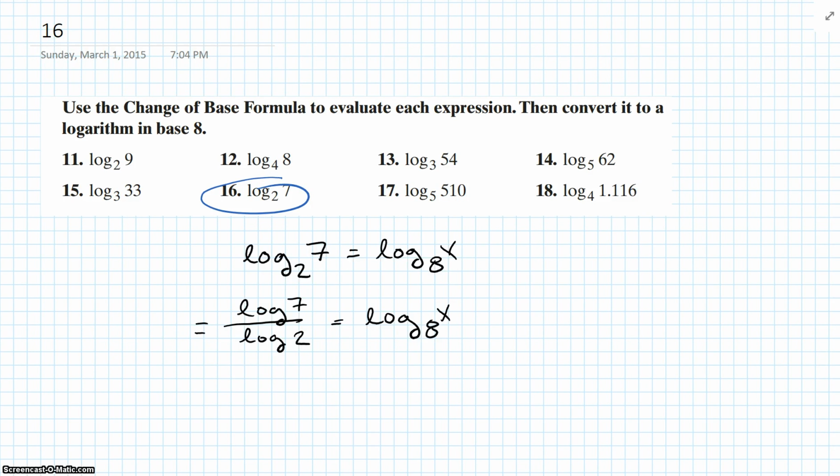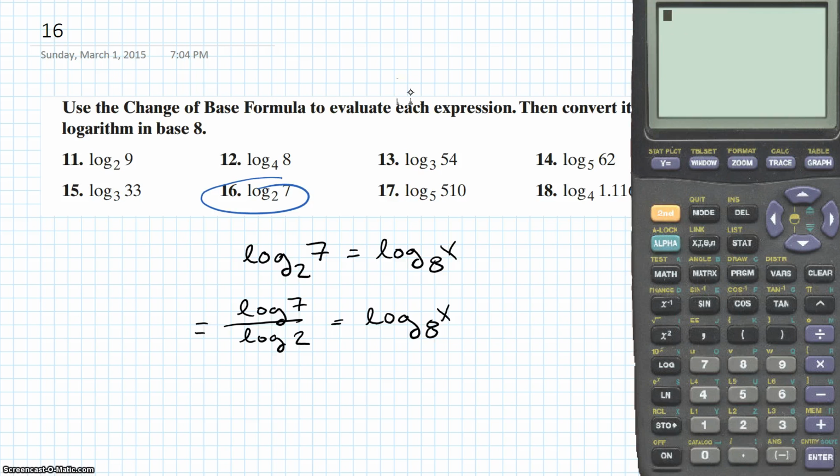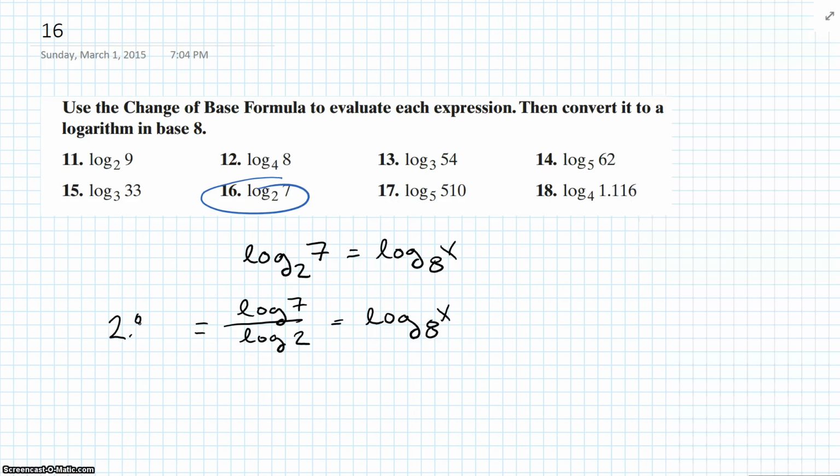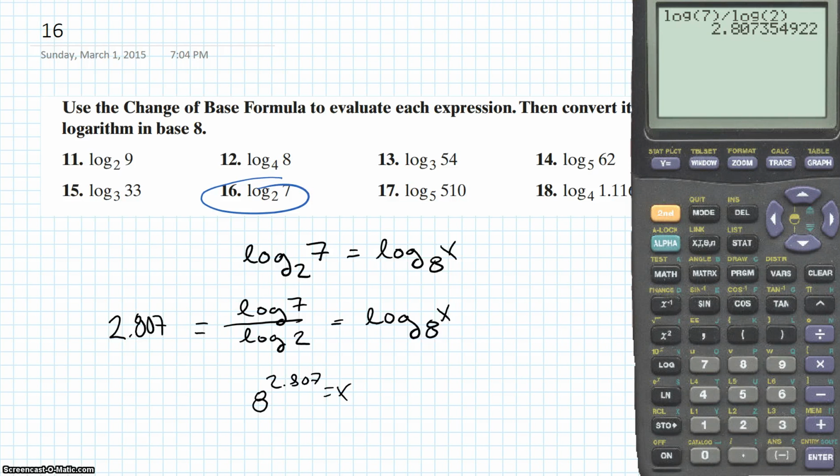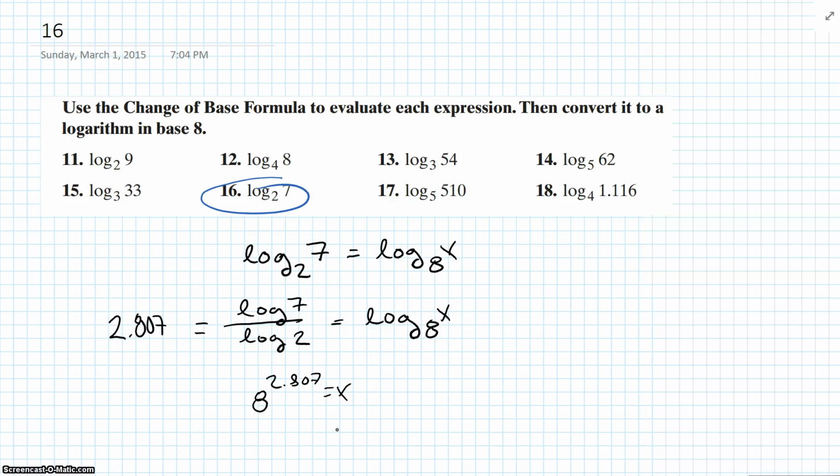Okay, so what is the log of 7 divided by log of 2? 2.807. So again, I can say 8 to the power of 2.807 is equal to x. So again, 8 to the power of my last answer equals 343. So x equals 343.